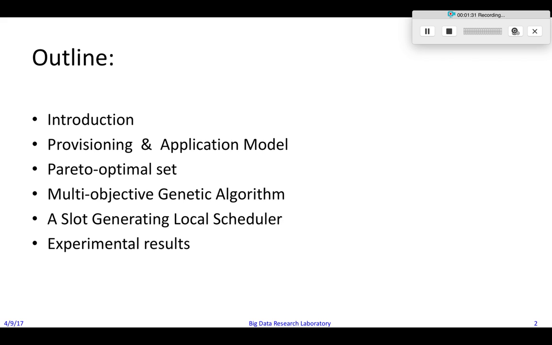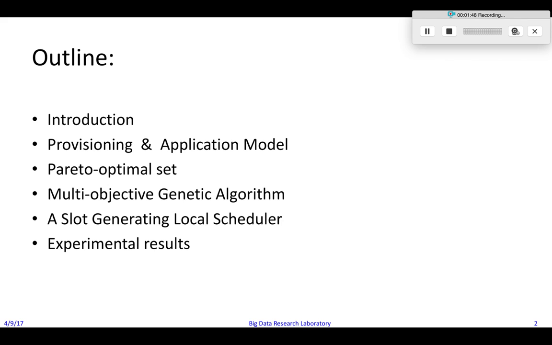As the third part, I introduce the Pareto optimal set and give the definition of this set. Then a small example will be introduced to give a deeper understanding of the definition.